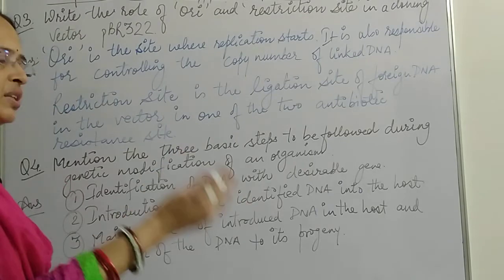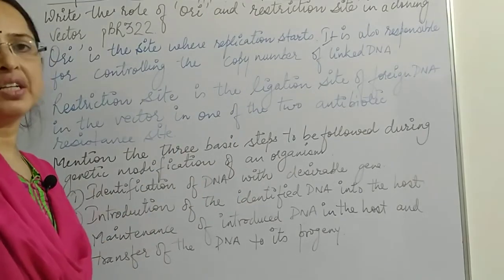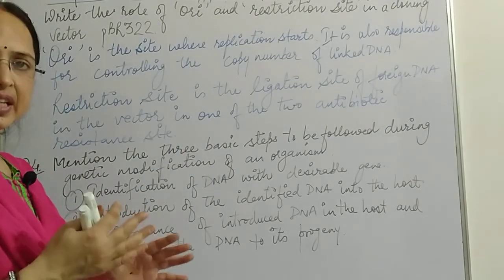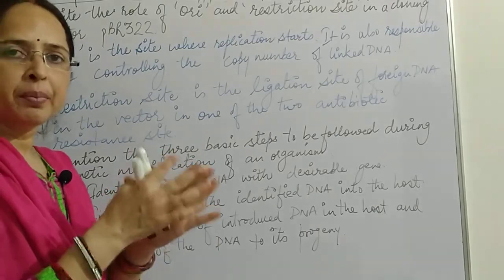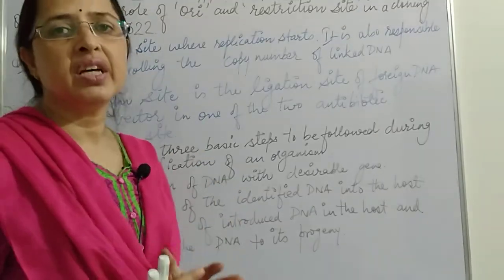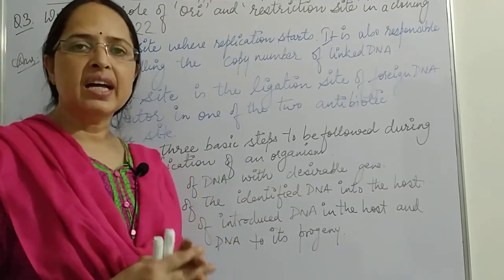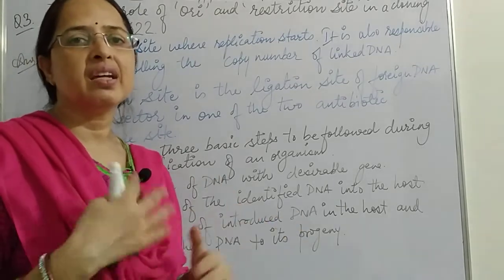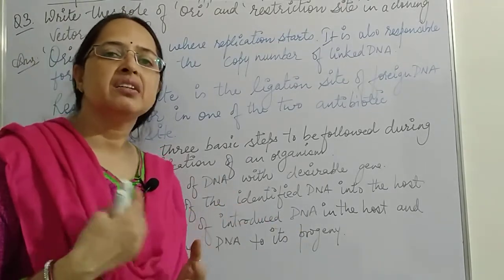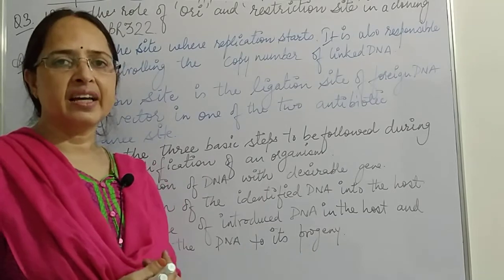Now when we have inserted the DNA into the host cell, then we are required to maintain the existence of DNA in the host cell so that the host cell can make its progeny, that means can increase the number of the desired gene.